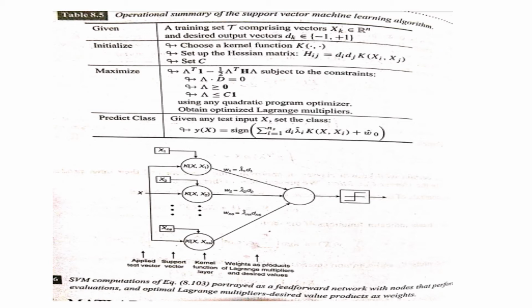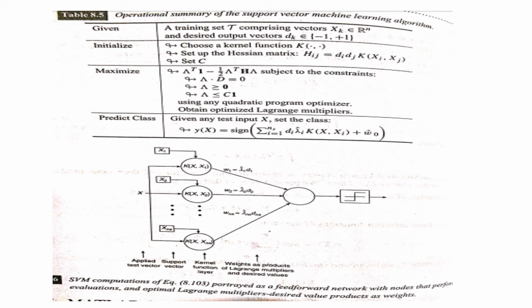So we'll see the predictor class, how the output of this will be considered. Given any test input, say an unknown input, the training phase will maximize the output.